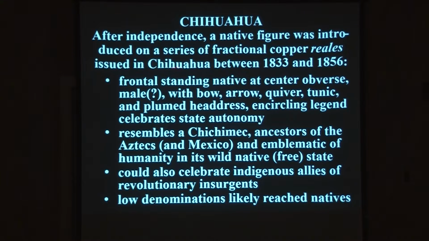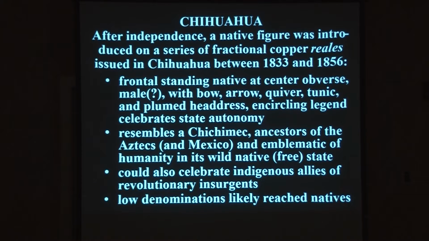After independence, a native figure was introduced on a series of fractional copper reales issued in Chihuahua between 1833 and 1856. What we find is a frontal standing native at center on the obverse. It looks like a male with a bow, arrow, quiver, tunic, and plumed headdress, and an encircling legend that celebrates state autonomy. So the last one celebrated Mexican autonomy.